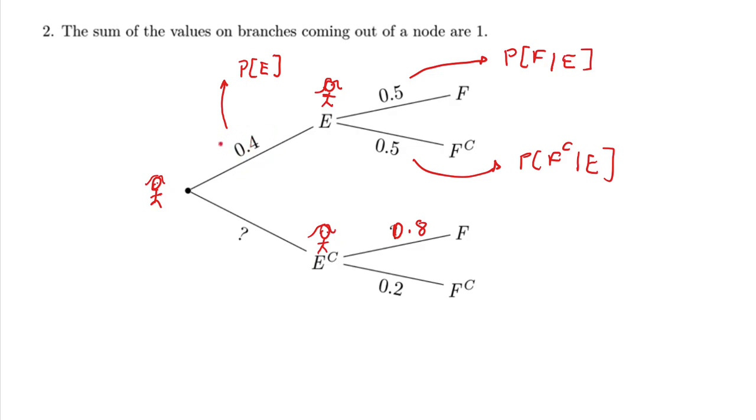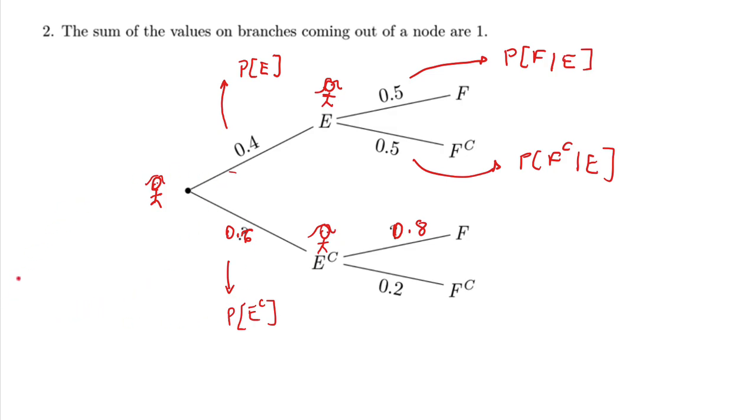If one of the probabilities is P of E, which is 0.4, the probability of P of E complement, which is this branch here, because you're in the branch of E complement with nothing coming before, will have to sum up to 1. So it has to be 0.4 plus 0.6, giving you a probability of 1.